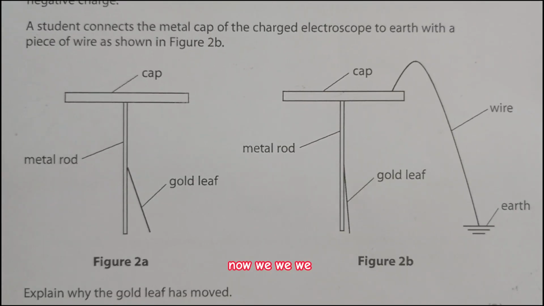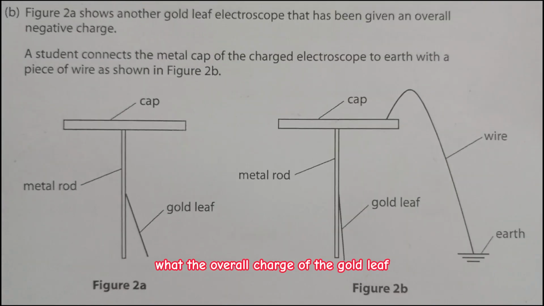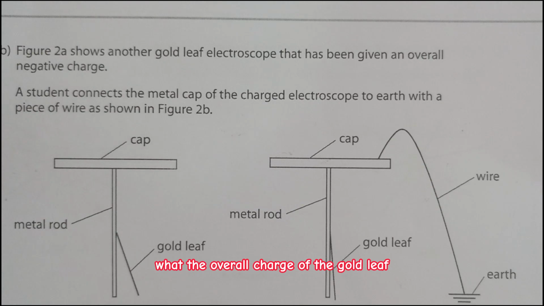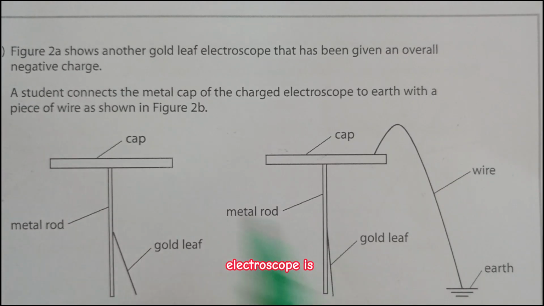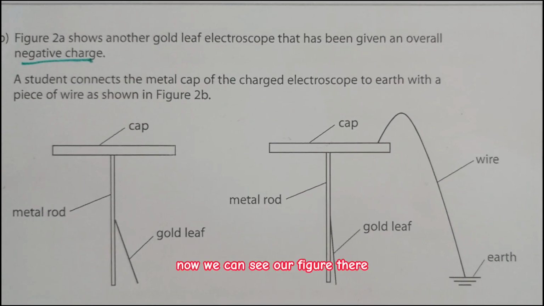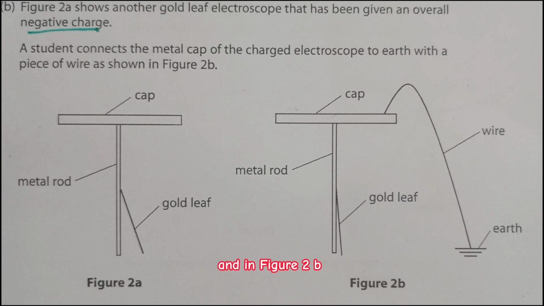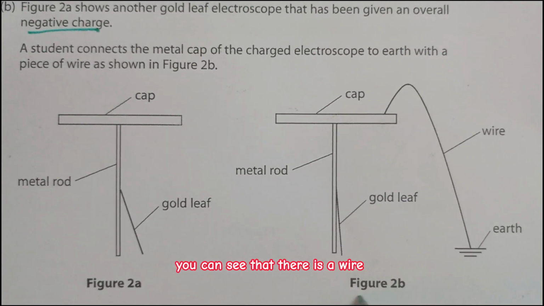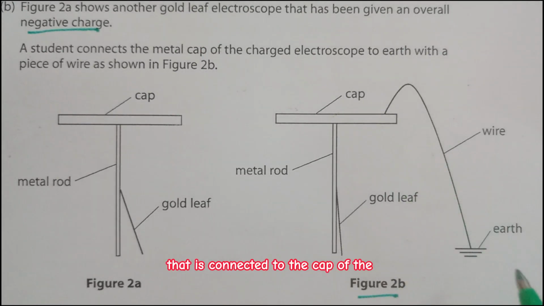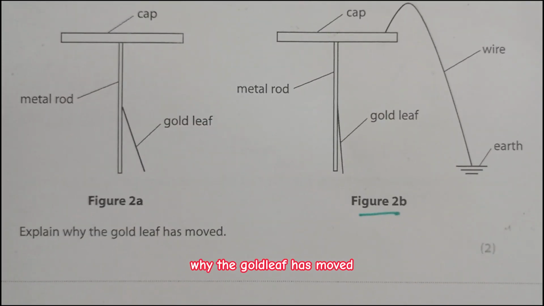We already know the overall charge of the gold leaf electroscope is negatively charged. You can see our figure there, and in figure 2B you can see that there is a wire that is connected to the cap of the gold leaf electroscope. Now we are required to explain why the gold leaf has moved.